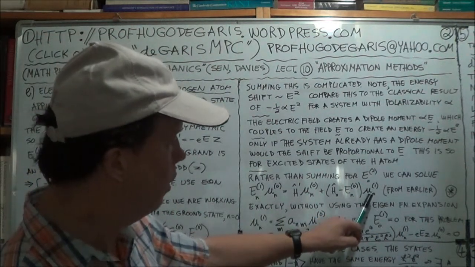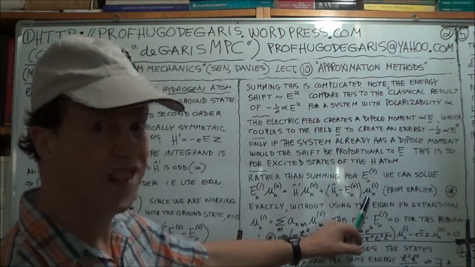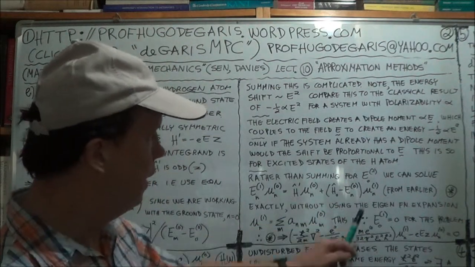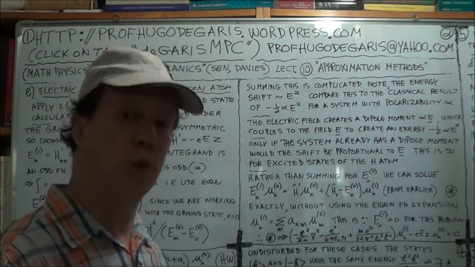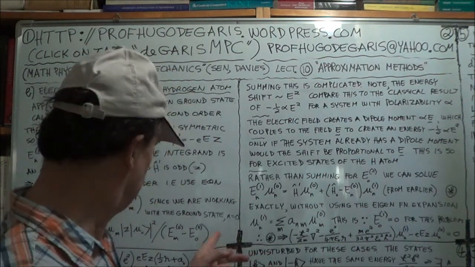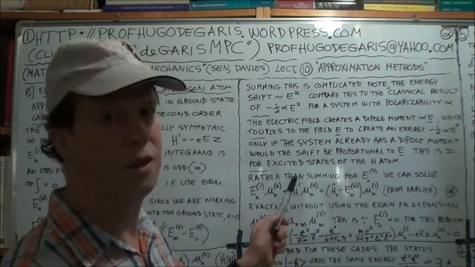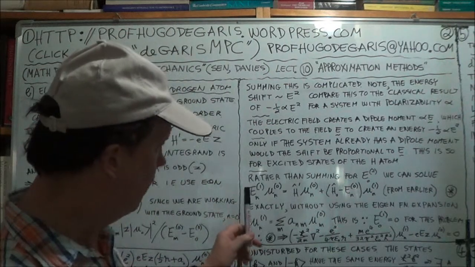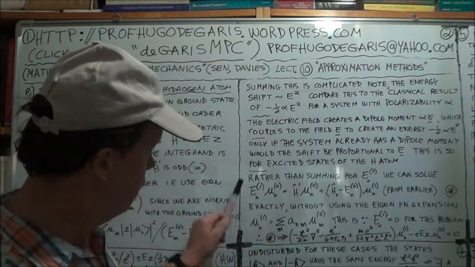So if we know what the first order correction to the eigenfunctions, U1, is, we can then use that in a formula for E2, which will be at the beginning of the next session. But anyway, I'm just giving you the general direction. Okay, so for the hydrogen atom, E1 is 0, so this left-hand side drops out.